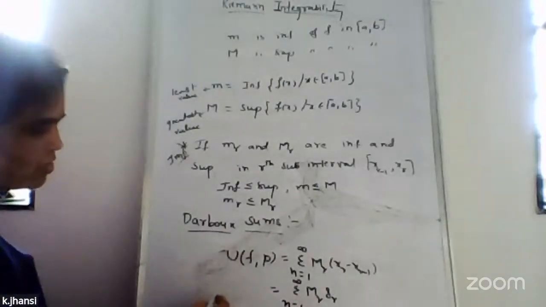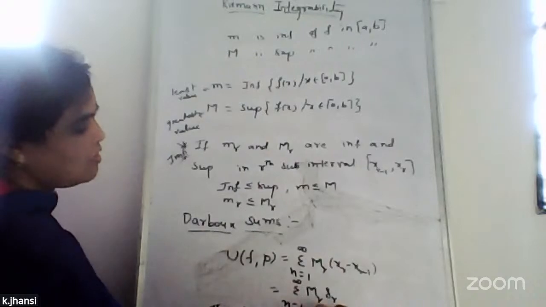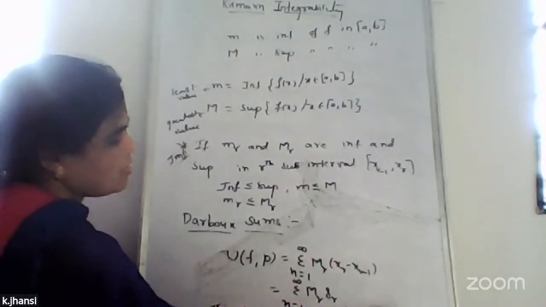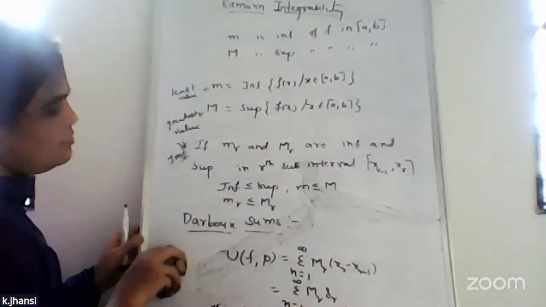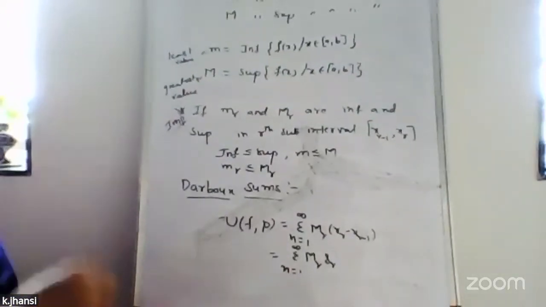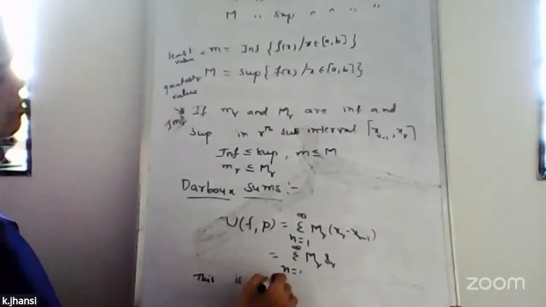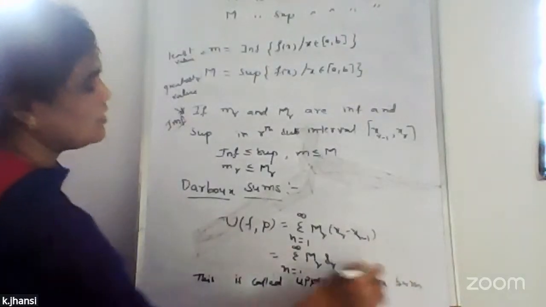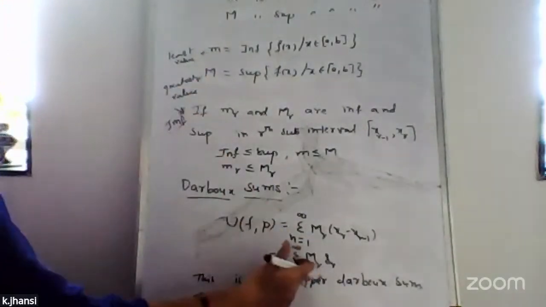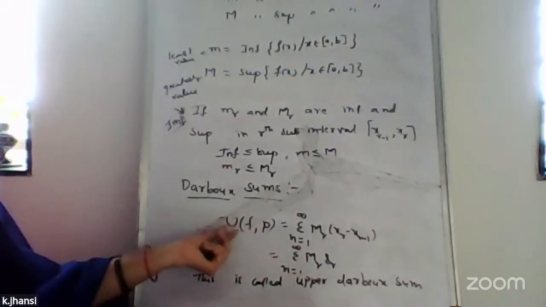This is called the upper Darboux sum. Capital M_r is the supremum, so the summation of the supremum times the length of the subintervals delta_r is called the upper Darboux sum.